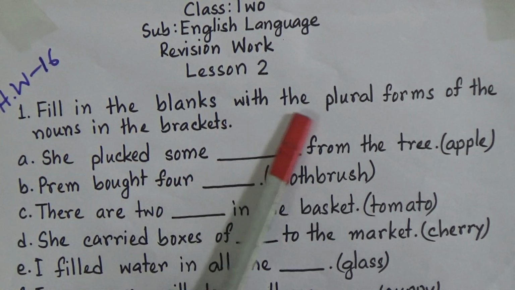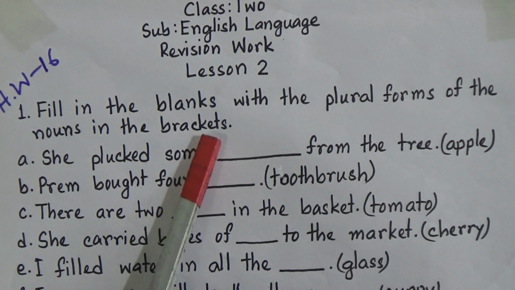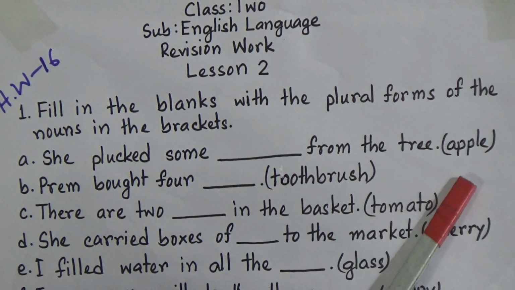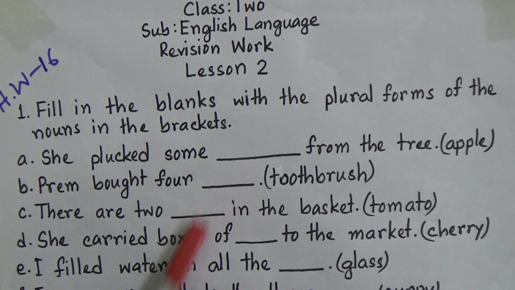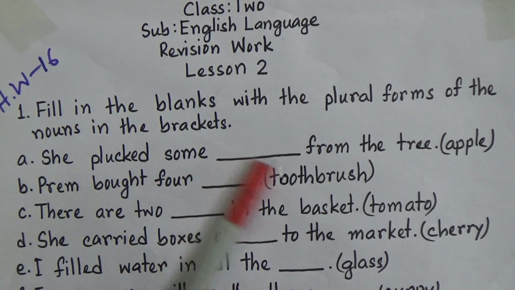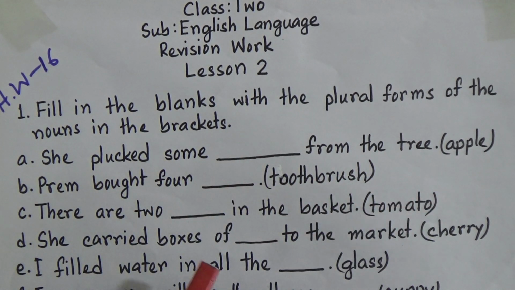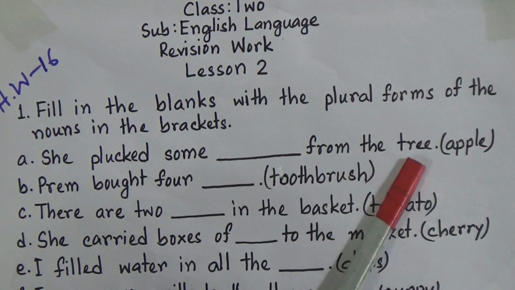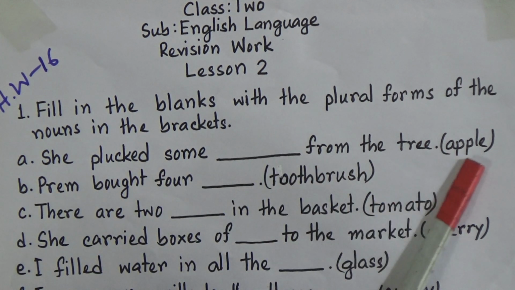fill in the blanks with the plural forms of the nouns in the brackets. So you will be given nouns in the brackets and you will fill up those blanks with the plural forms of those nouns. Okay, let's read the question at first, then we will write the answer. Number A, she plucked some dash from the tree, in bracket apple.